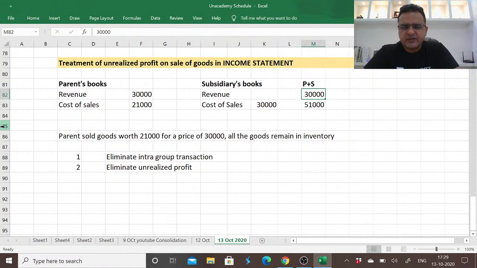So we need to eliminate two things. One is intra-group transaction. The revenue is inflated by 30,000 because we cannot sell to each other. The cost of sales is inflated by 30,000, we cannot purchase from each other. One thing is this. Even if we remove this, we are left with 21,000 of cost of sales.